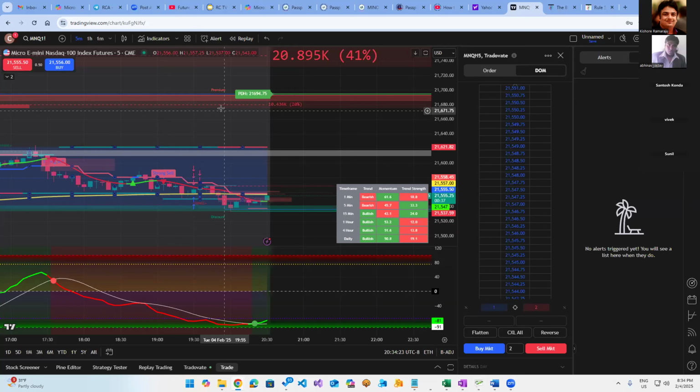In the initial days, use one or two MNQs, or one or two MES, for the first few days. Then you will understand how NQ and ES move when it goes to premium with a big sell order, when it goes to discount with a big buy order, or when it goes to discount without a buy order. You will understand all the patterns and different scenarios. Once you get that experience, if you trade in US hours, you will be a lot more successful.